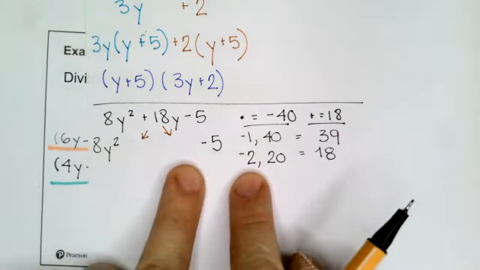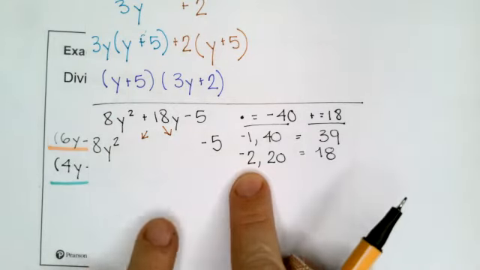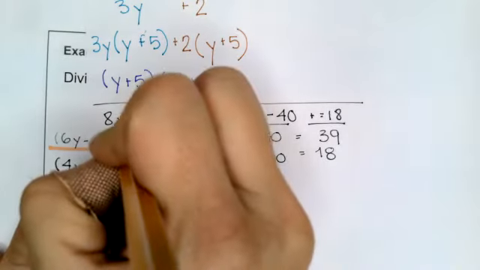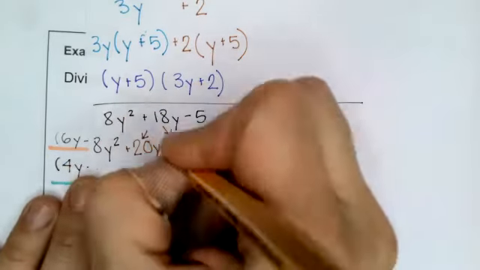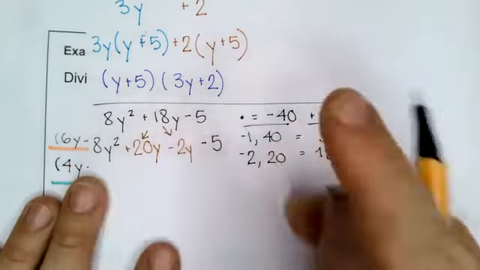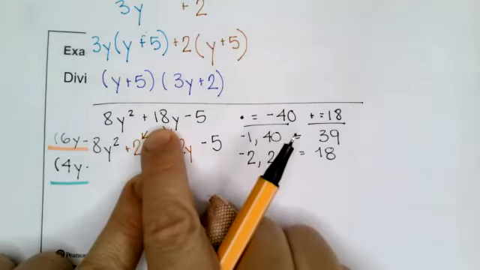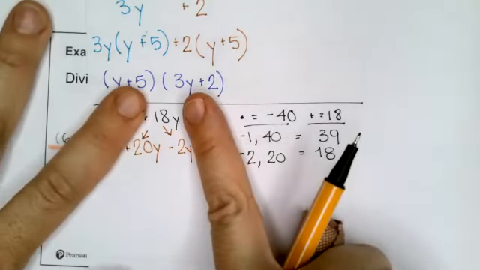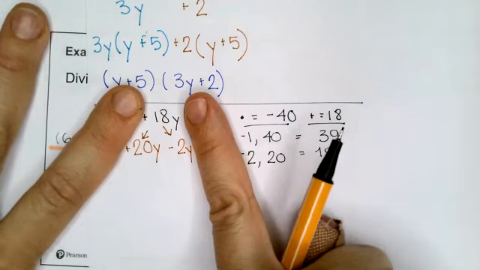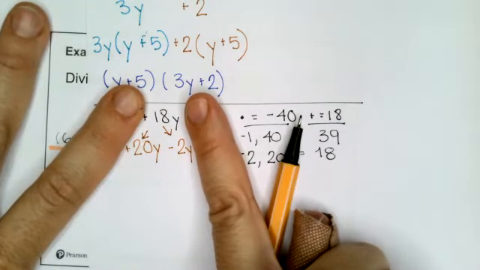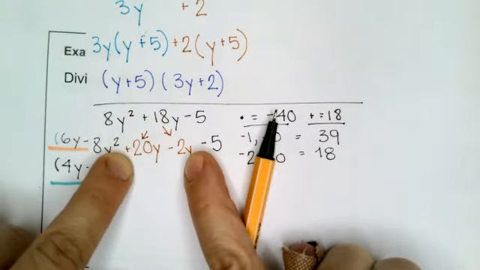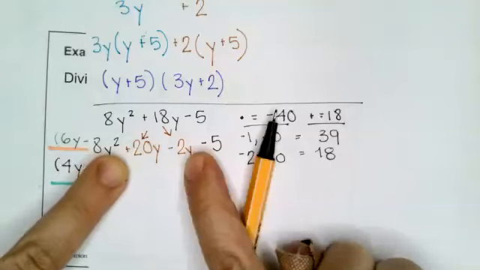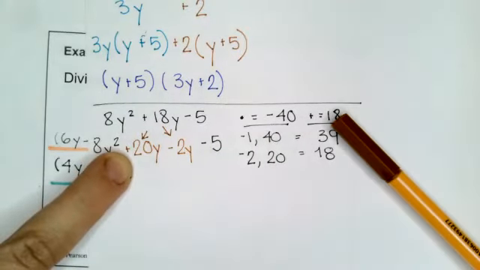But what if I put the -2 and the -5 together? It'll be okay. So 8y squared plus 20y minus 2y. And we add on those y's because it was an 18y. If I subtract 2y from 20y, I get that 18y back. So we're switching out an 18y, just splitting it into numbers we can add and subtract to get that same 18.